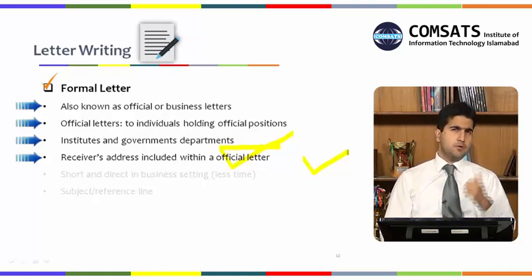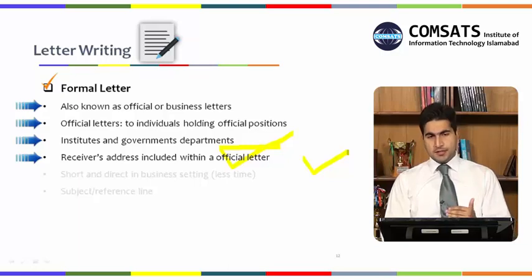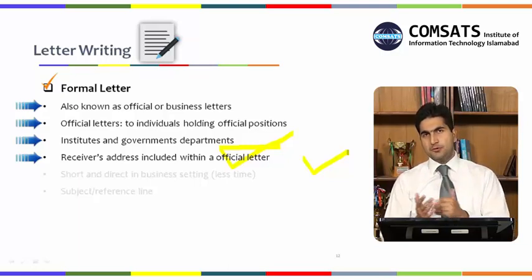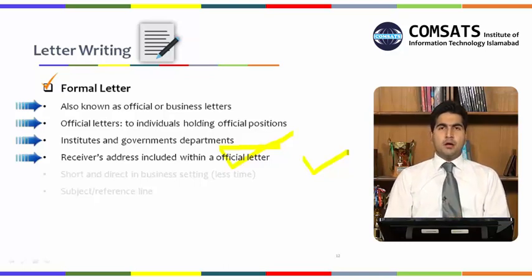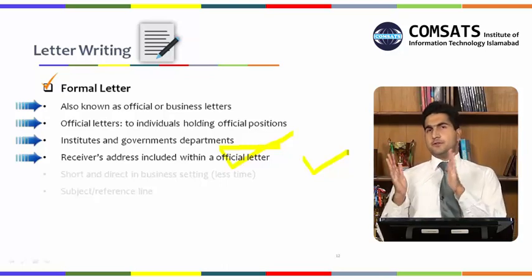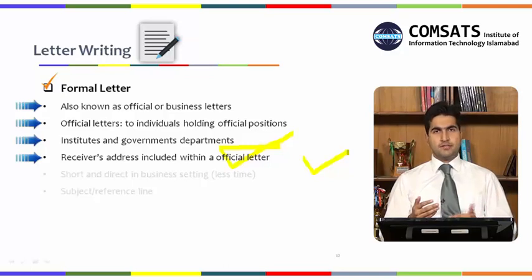This is basically the difference, because in the informal form, once you have written the letter, you fold it and place it in an envelope. On the back side of that envelope, at the top, you place the receiver's address, and on the left hand side at the bottom, your own address would come. That is basically the format for sending an informal letter when it's enveloped.